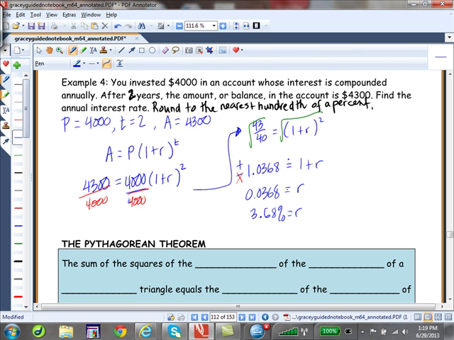Right? So we can answer the question in words. The annual percentage rate is approximately 3.68%.